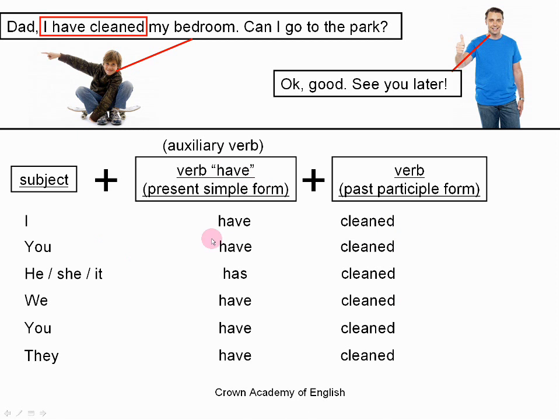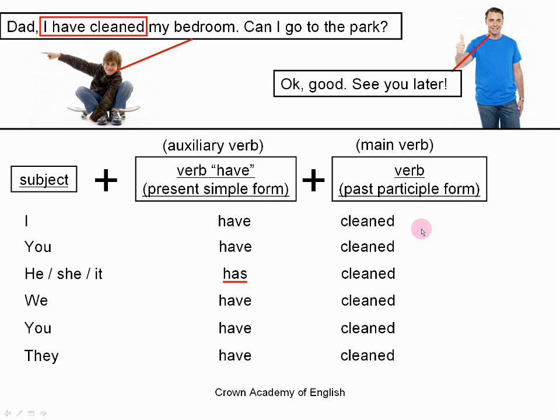And this part, have, we are using have as an auxiliary verb. And the important part here is in the third person singular, it changes, it is has. And this one is the main verb.